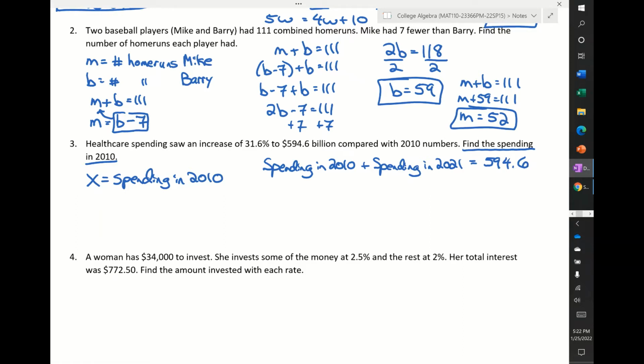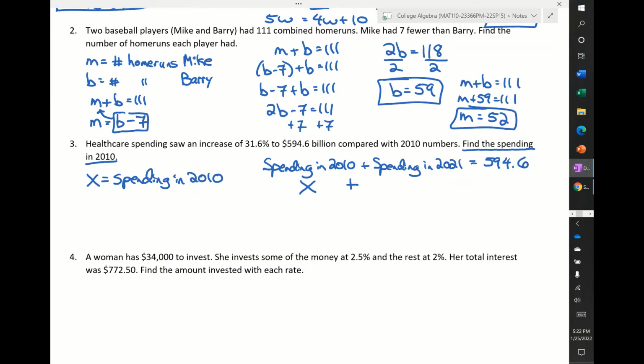The spending in 2010 we said was X. The spending the next year, or the spending in 2021, whatever this year is that they're looking for, is an increase of 31.6%. The question is, how do we write 31.6% more than X?